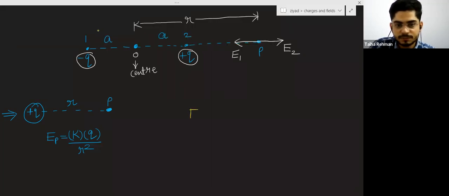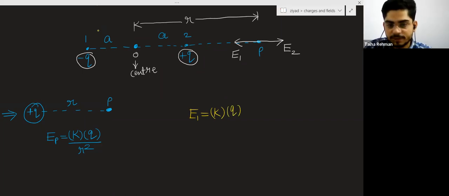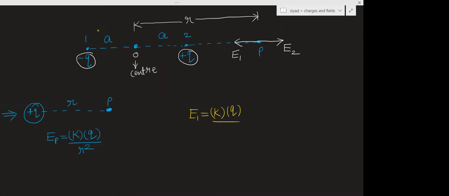So E1, if I want to calculate E1, then what is the formula of the electric field? First we will write K, then we will write the charge. Charge is Q. Now we will take the charge without sign, because we have already considered the direction. Now we are calculating only the magnitude. KQ, and the distance we have to take.